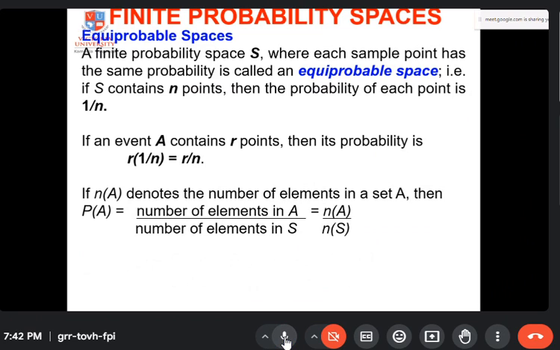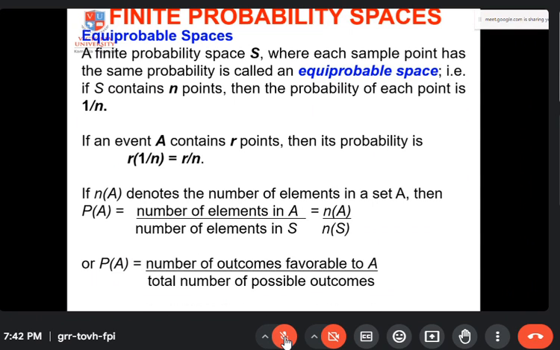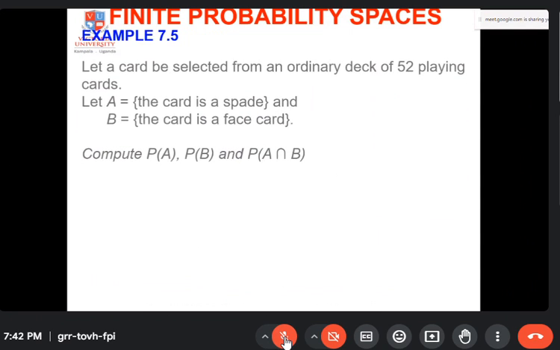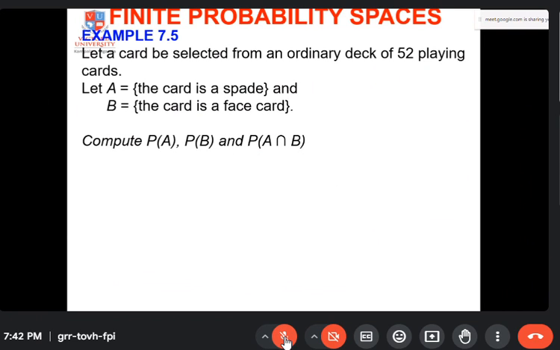Now, A is the cards which are spades. Very good. So it is just 13 out of 52.